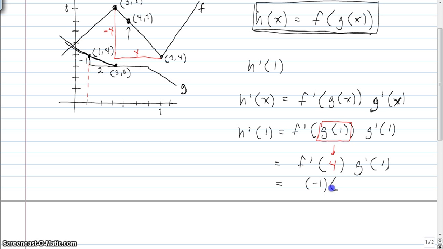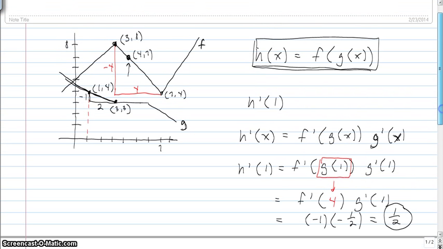So the slope there is minus 1/2, and if I multiply those two, I get positive 1/2 for the value of h prime evaluated when x is 1.